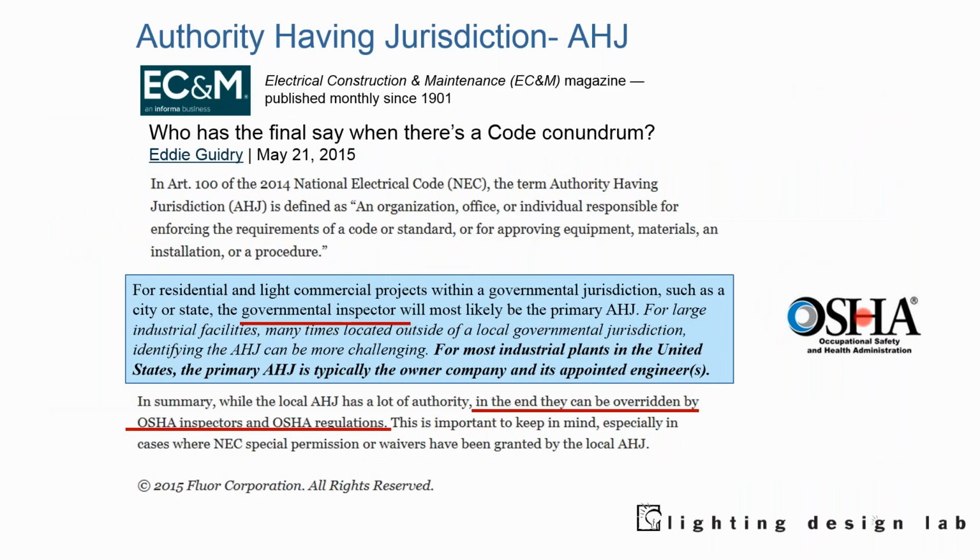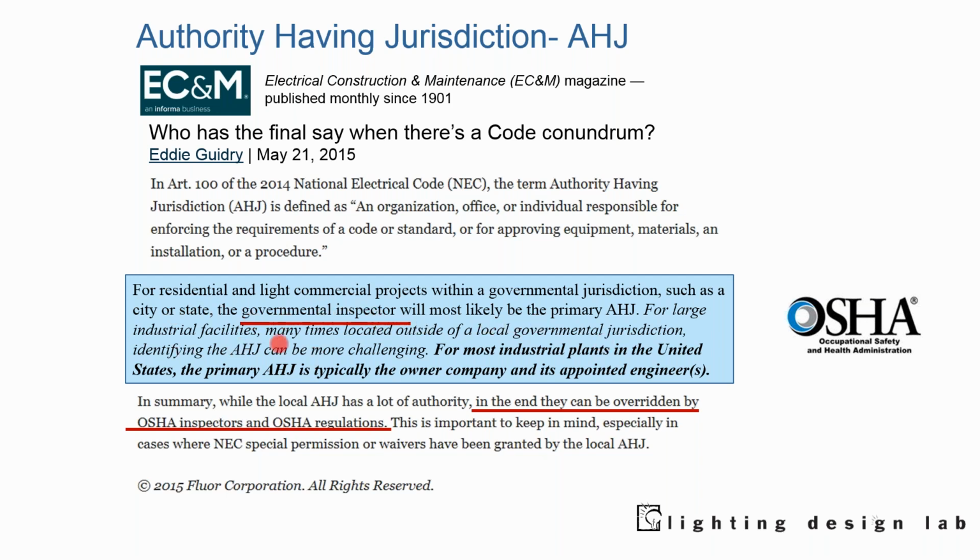So this I thought was interesting. This is from Electrical Construction and Maintenance magazine from 2015. Who has the final say when there's a code conundrum? For residential and light commercial projects within a governmental jurisdiction, like within a city or municipality, it's often the city, state, or government inspector.